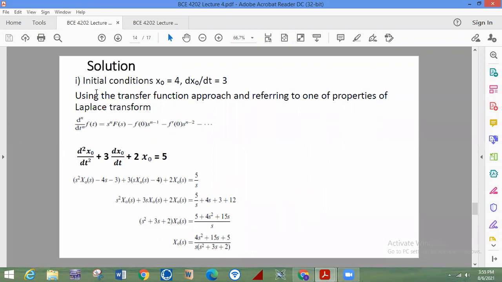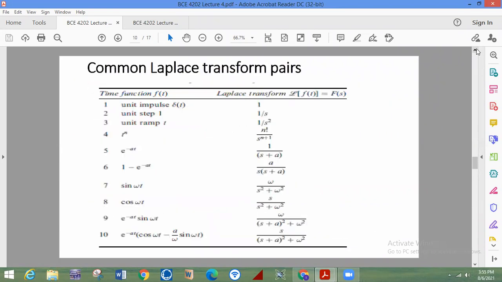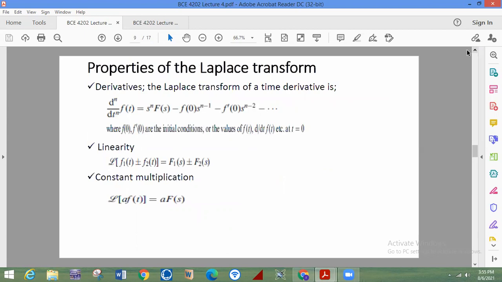Okay, considering initial conditions of x naught equal to 4 and the first derivative with respect to t equal to 3, we shall refer to this equation, which is a characteristic or property of Laplace transforms.